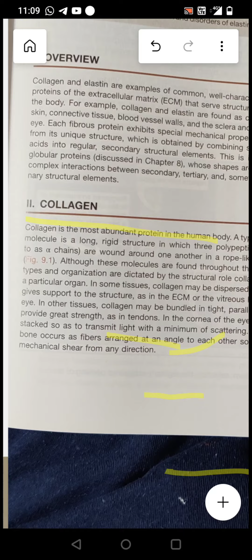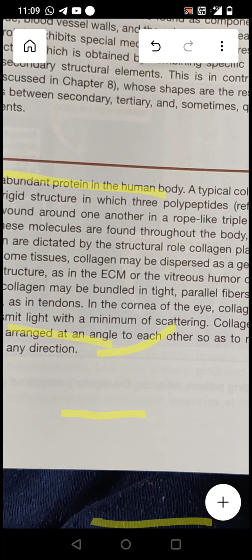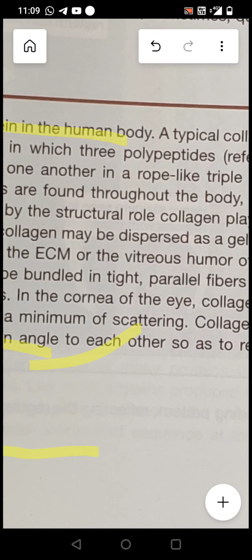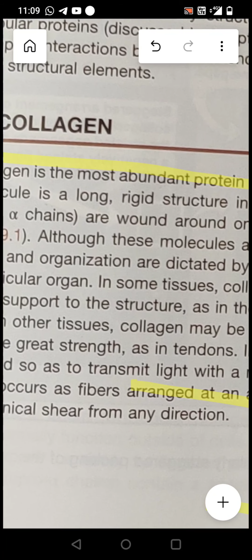It's not that the collagen is arranged in all the tissues in the same way. In some tissues, the collagen may be dispersed as a gel. For example, inside the eye, you have the vitreous humor. The vitreous humor is nothing but collagen which is present in the form of a transparent gel.